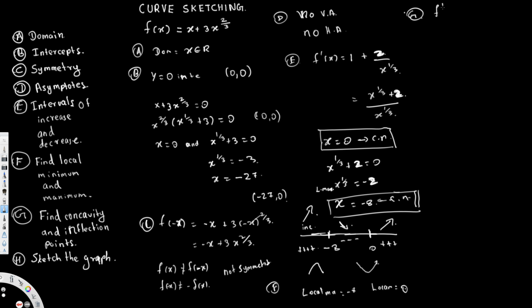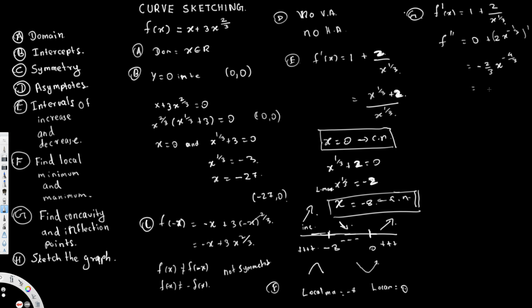So if I take this one, f prime x is equal to 1 plus 2 over x^(1/3), and if I take the second derivative, this one will become 0 plus, basically, I can write it as 2x^(-1/3). Taking the derivative, it is multiplied by negative 1 over 3, then minus 1, so it's minus 1/3 minus 3/3, which is minus 4 by 3, so it's going to be x to the minus 4 by 3.